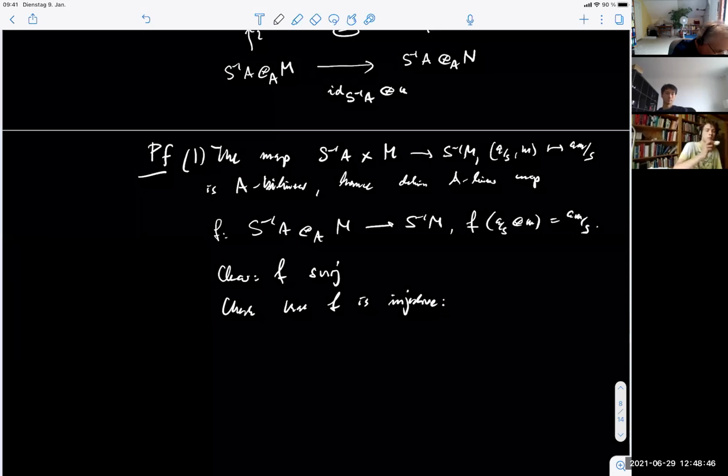Now a little difficulty. Well, it's not a real difficulty. The elements here are not just tensor products, they are sums of tensor products.